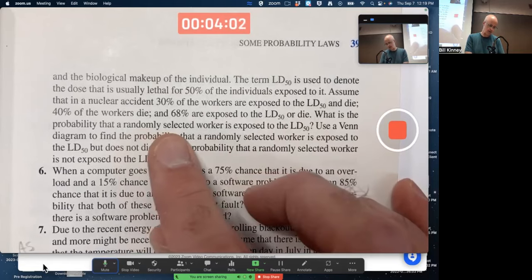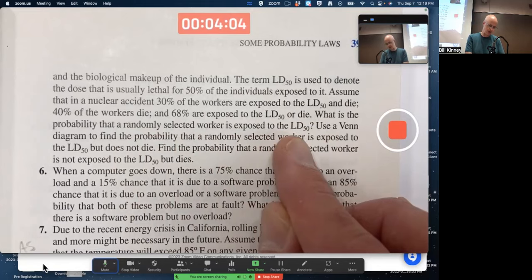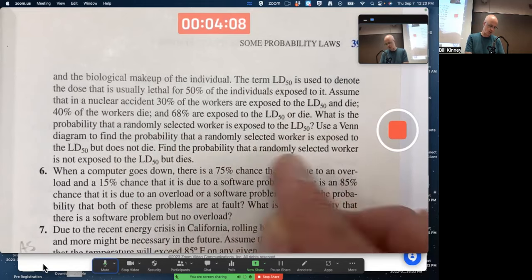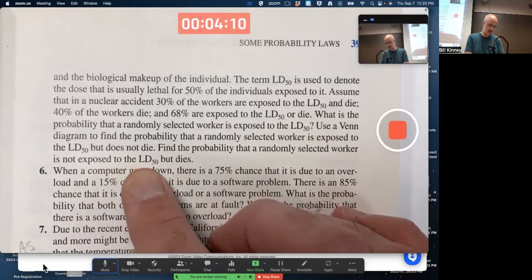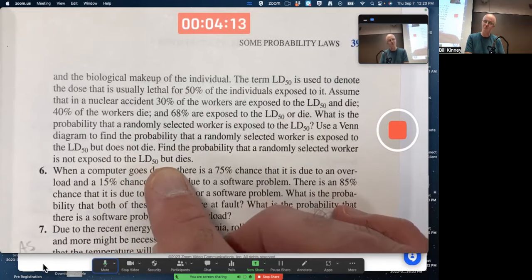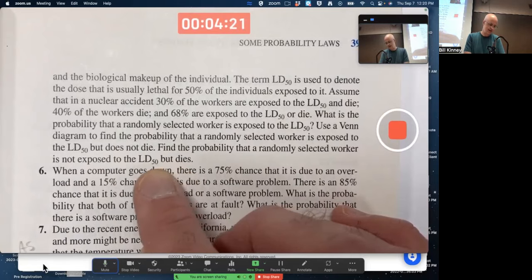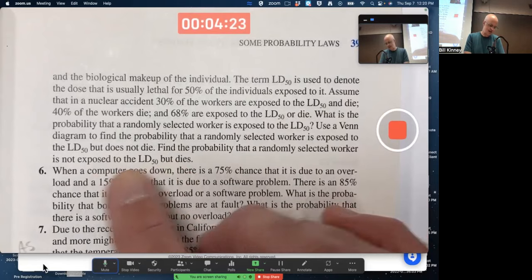What is the probability that a randomly selected worker is exposed to that level of radiation? And ultimately find the probability that a randomly selected worker is not exposed to LD50, that level of radiation, but dies. They die anyway. They're probably still exposed to some level of radiation, just not the higher level. This is saying they're not exposed.